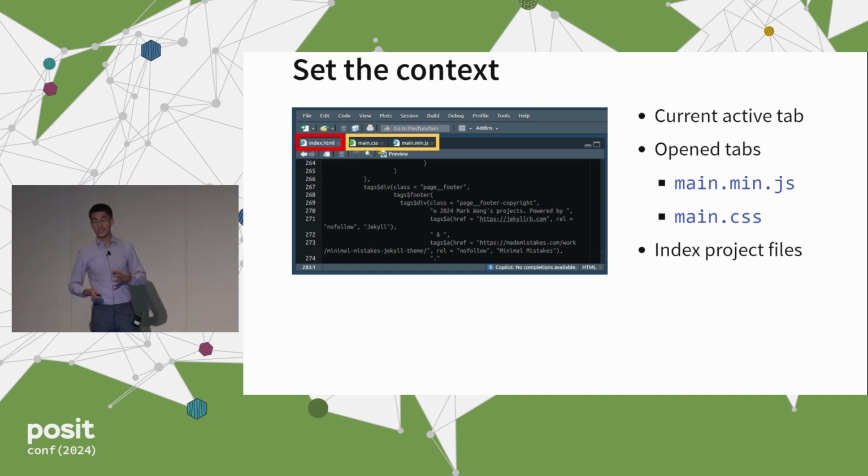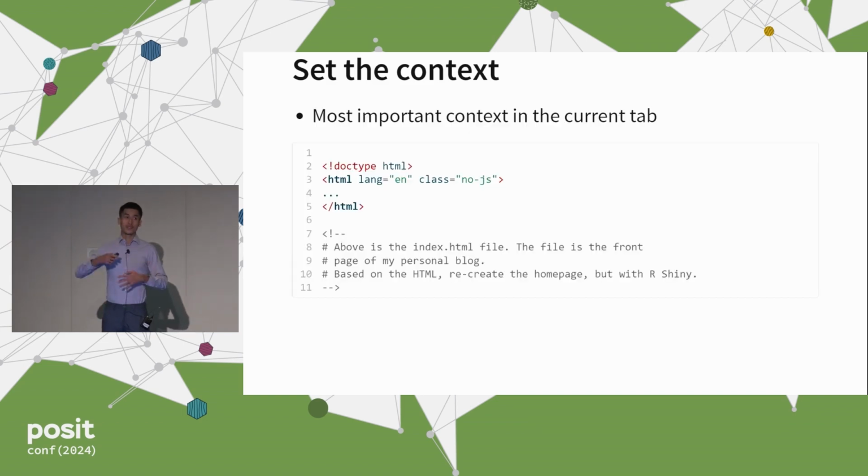And when you initially set up Copilot for your RStudio, you had the option to index project files. What that means is you provide all the files, all the code in your project, as context for Copilot to use.